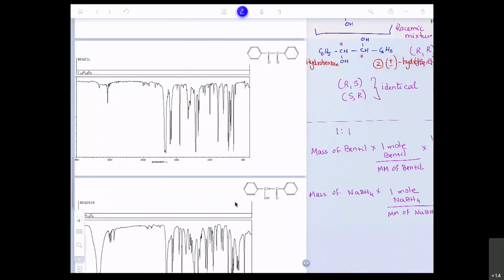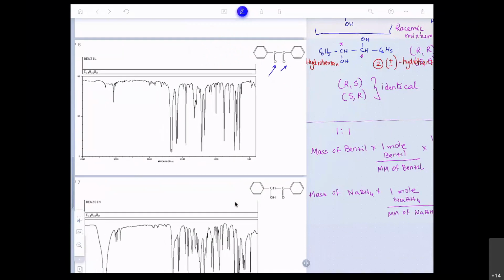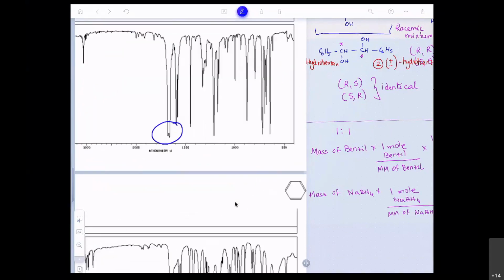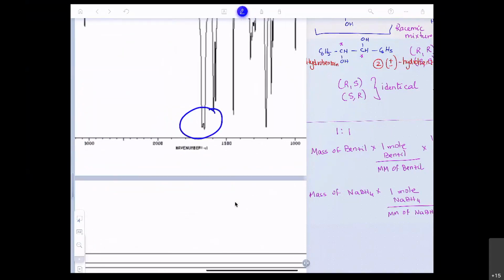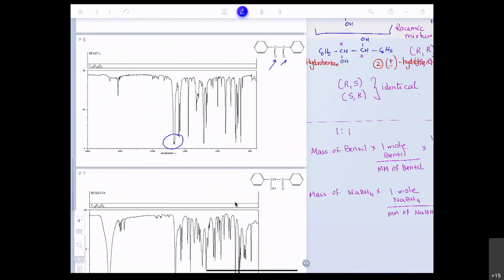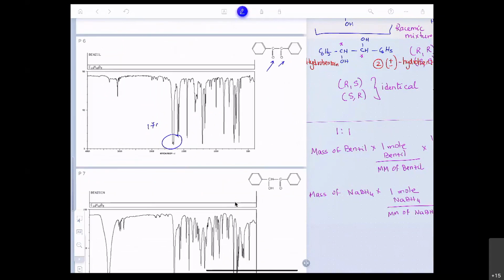All you should see is a carbonyl stretch. And right there is a carbonyl stretch. So let's say 1700 doublet wave numbers for your symmetric and asymmetric stretches of your carbonyl.